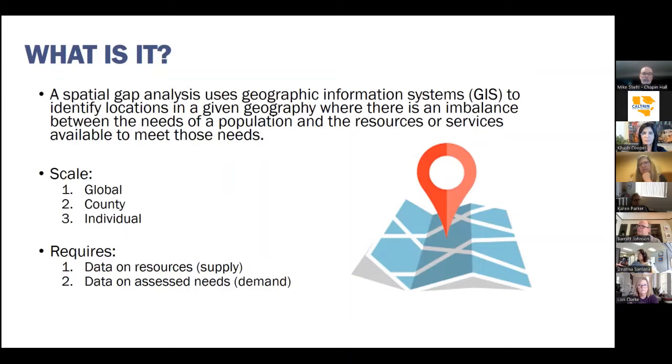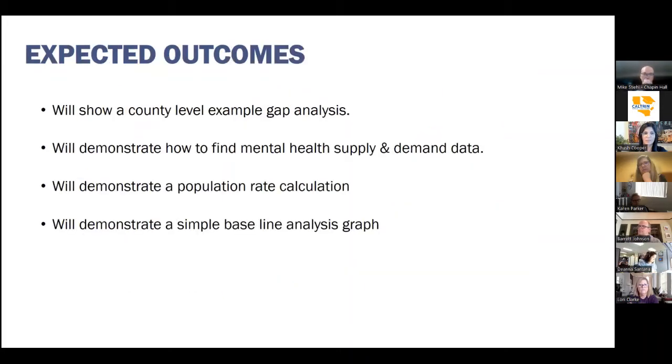How much of your population actually needs a mental health service? My hope is that at the end of this quick demonstration, I'll be able to show you a county level gap analysis, demonstrate where you can find some of the information around mental health supply and demand data, calculate a quick rate, and then show you a simple baseline analysis graph.